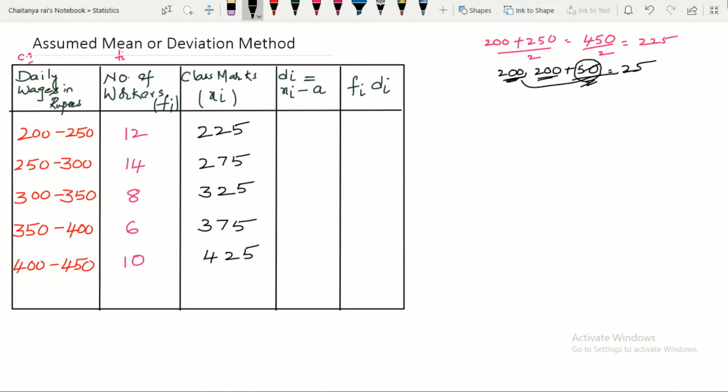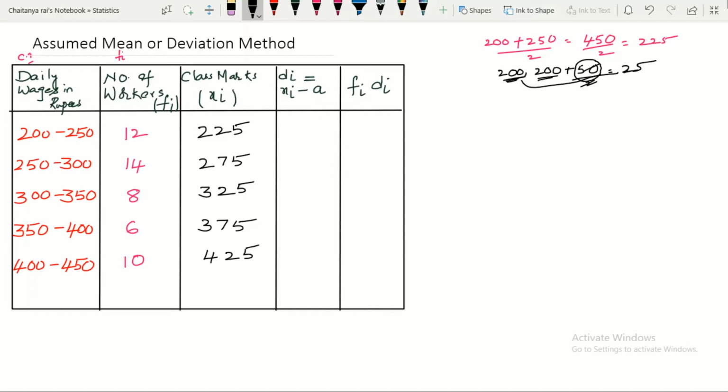Just what we do is we assume one of the values from these 5 class marks as the mean. See, in the name itself it is there: assumed mean. So out of these 5 values we can choose any one of them as the assumed mean.